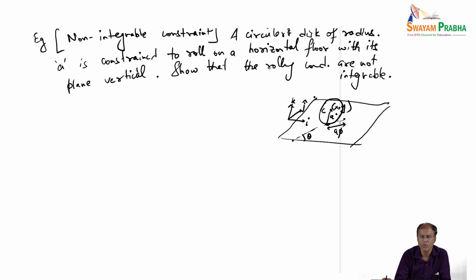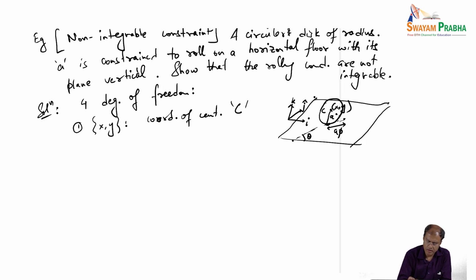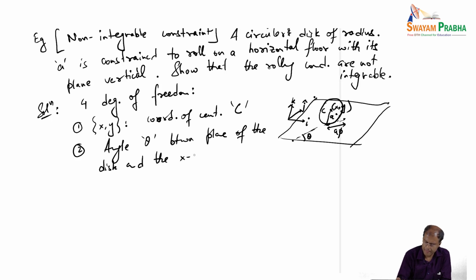So one set is x comma y, which is the coordinates of the center C, and the second is the angle theta between the plane of the disk and the x-axis, and the third one is the angle phi that the disk has rotated.